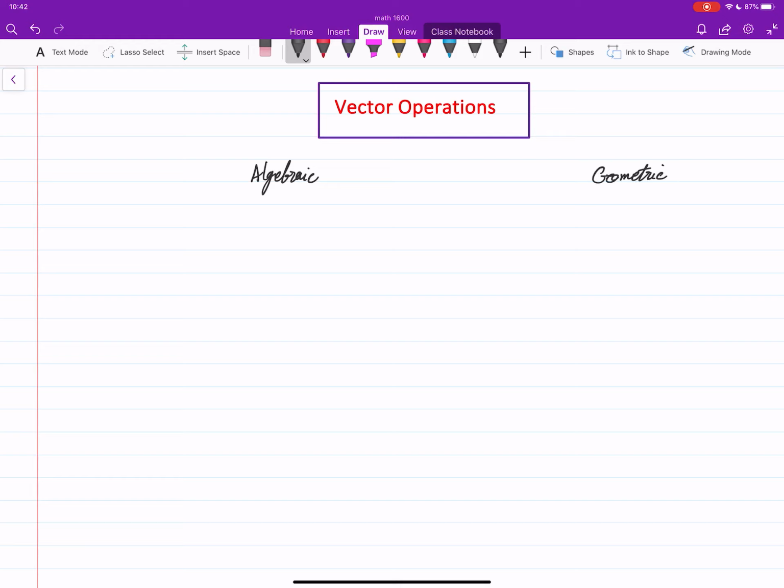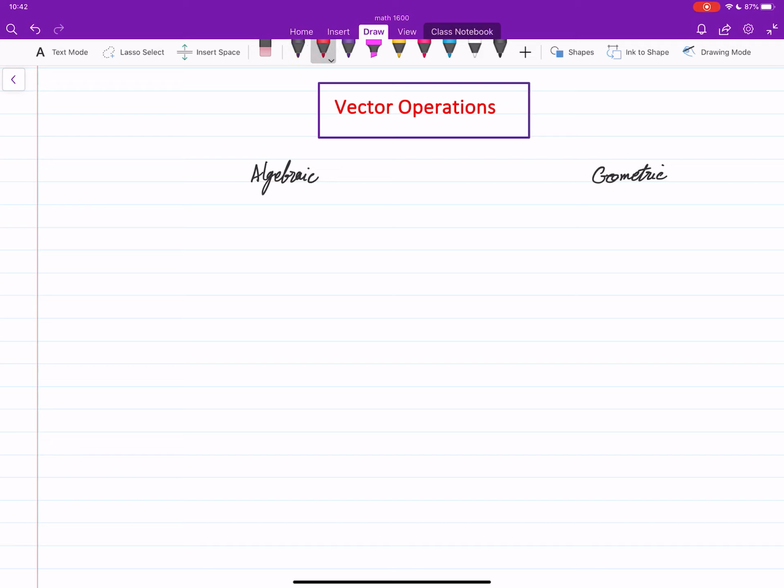When we say algebraic, what we mean is that we will work with components, and I'll tell you how these things work in terms of the components. Geometric, well, I have to show you through some drawings and things like that.